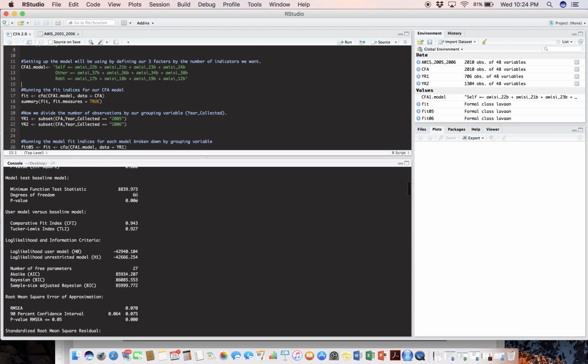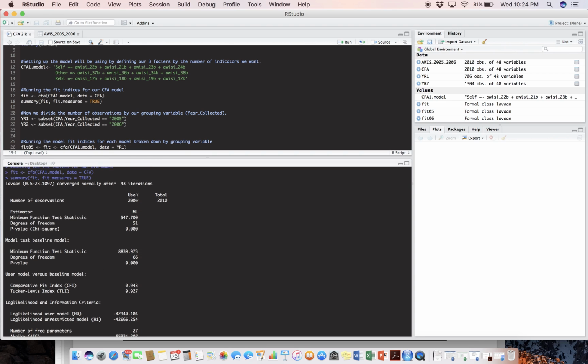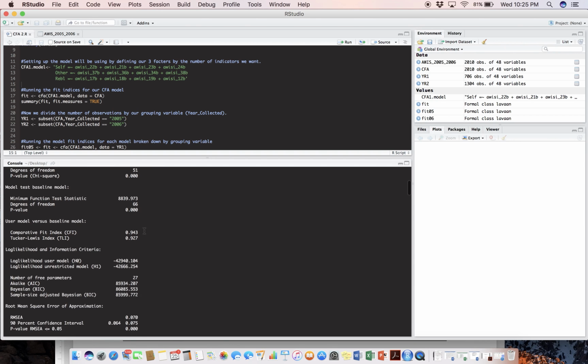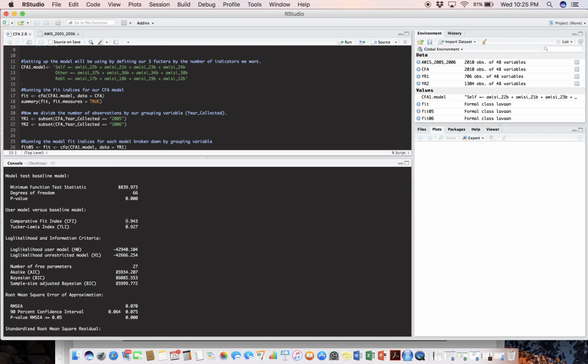All right, so we're going to take each one of these in turn and see if our model is in fact significant. We have our chi-squared, which is 547.7, and it is significant with a degrees of freedom of 51. Okay, good. And again, for CFI, we want to be greater than 0.95.